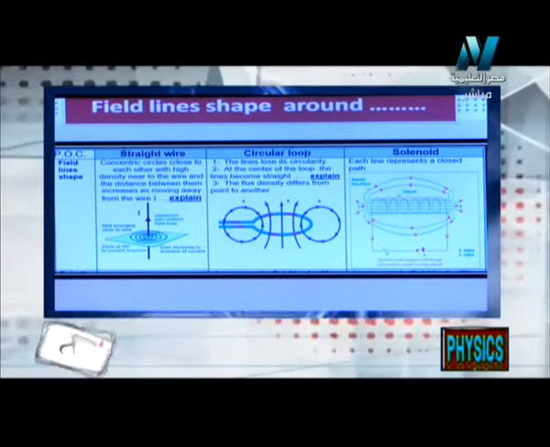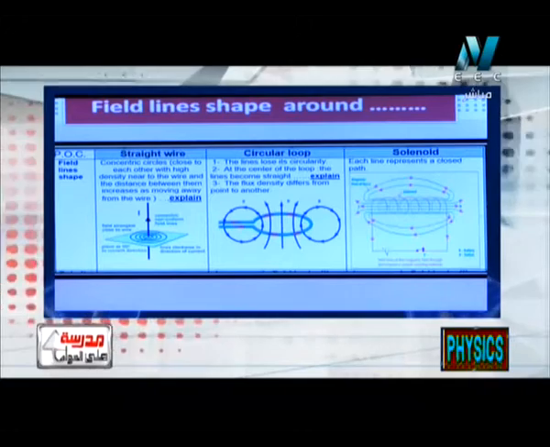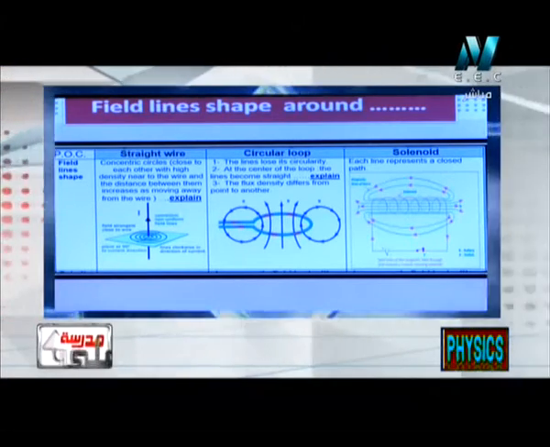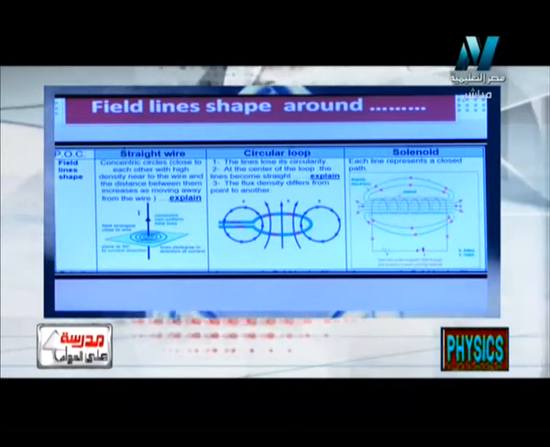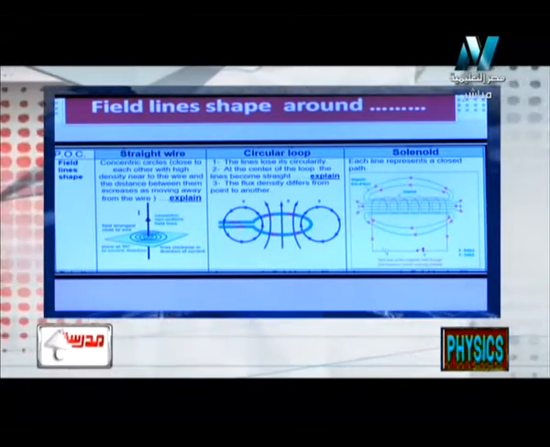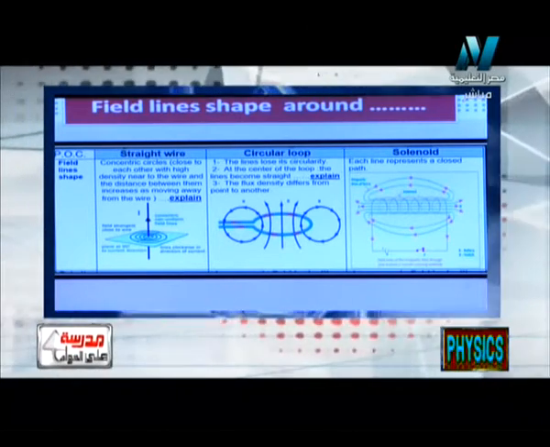At the center of the loop, the shape of the magnetic flux lines changes from a circle to a straight line. Why here? Because the magnetic flux density differs from one point to another.